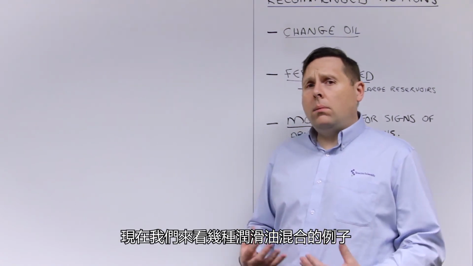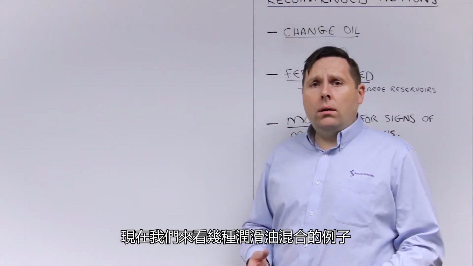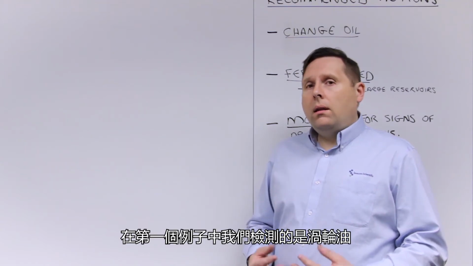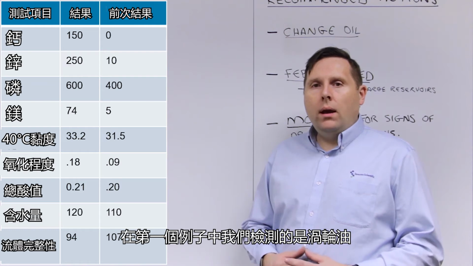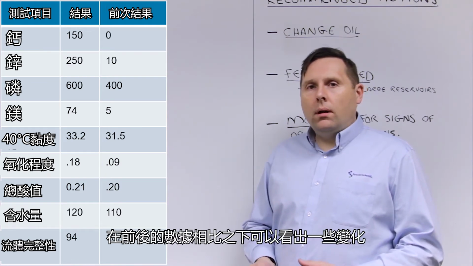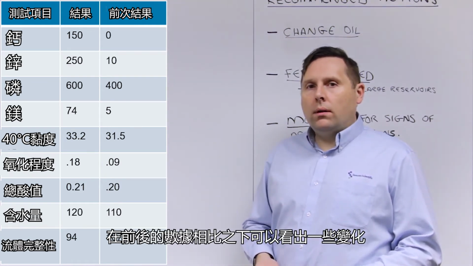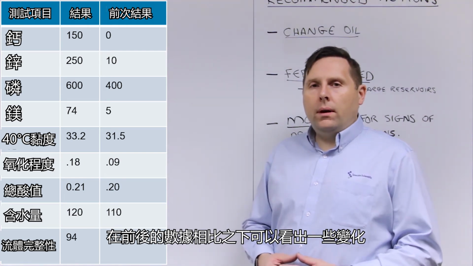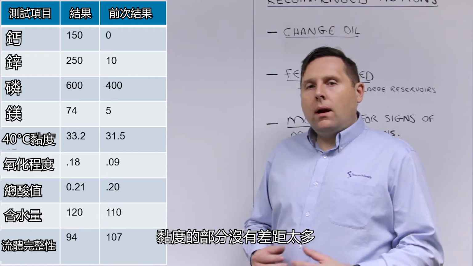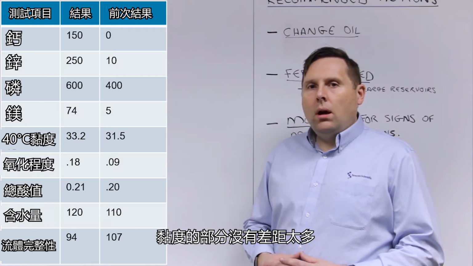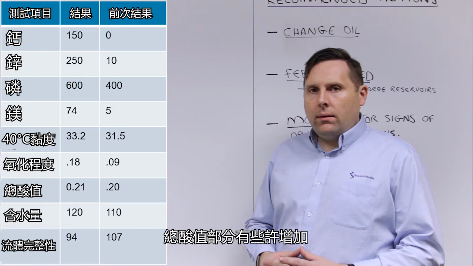Let's take a look here at a couple of examples of where lubricant mix-up is a case. In the first case here, we have a situation where we have a turbine oil, and if you look at the previous results and then you compare the current results, notice a couple of differences here. You've got a big change in your additive elements. Your viscosity hasn't changed that much. You have a little bit of an increase in acid number.